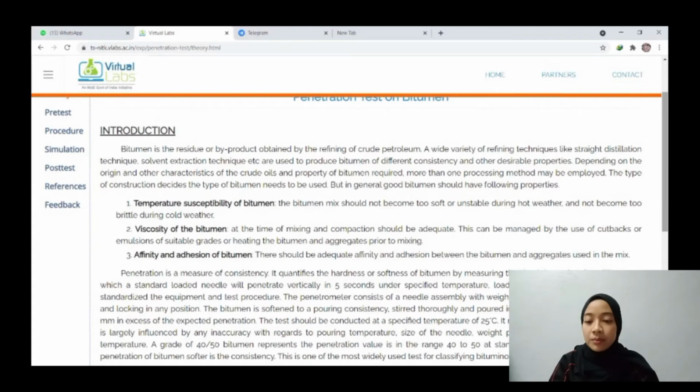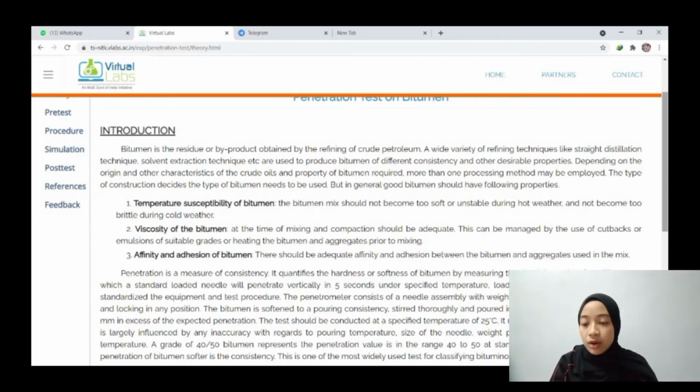The test should be conducted at a specific temperature of 25 Celsius. It may be noted that the penetration value is largely influenced by any inaccuracy with regard to pouring temperature, size of the needle, weight placed on the needle, and the test temperature.